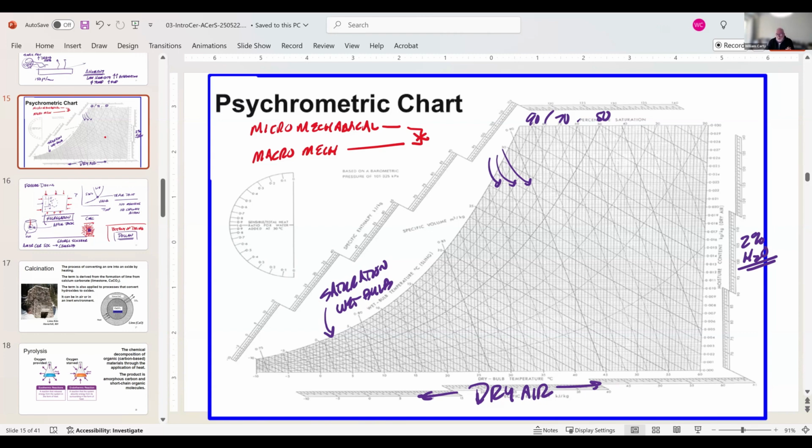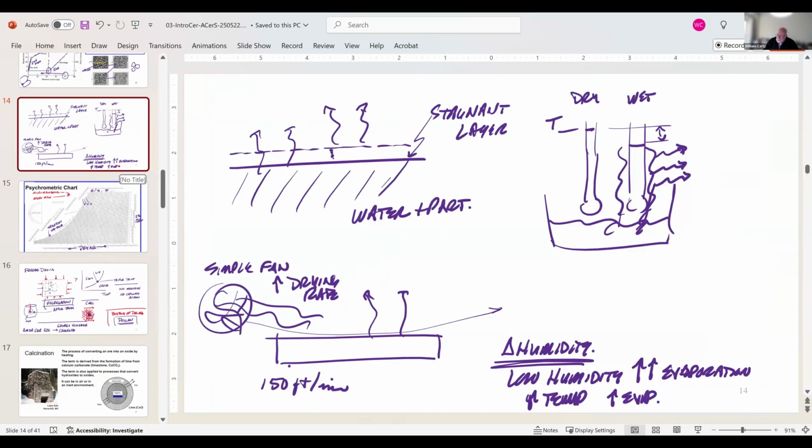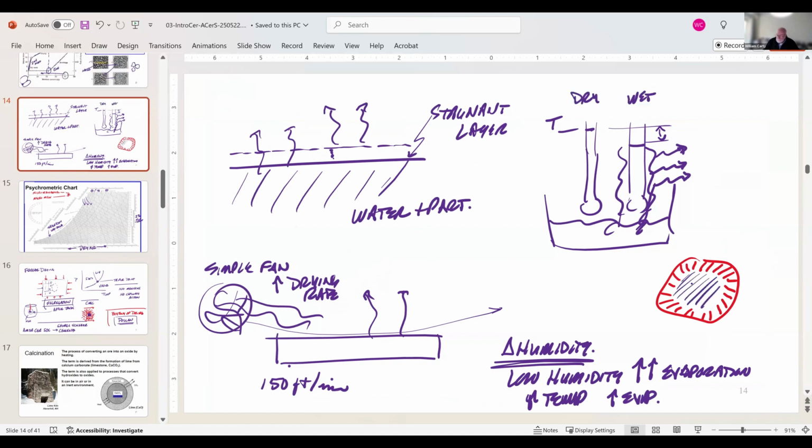But if I evaporate too fast, I'll case harden. I'll get a dense dry layer on the outside and then a jelly center. This situation where I have water left inside is like our spray dry granule.